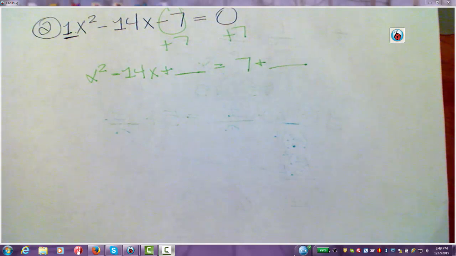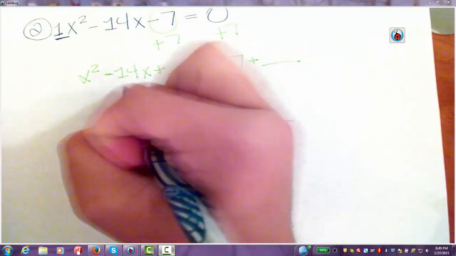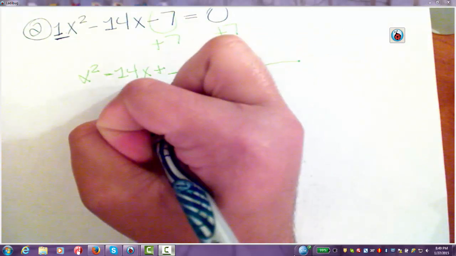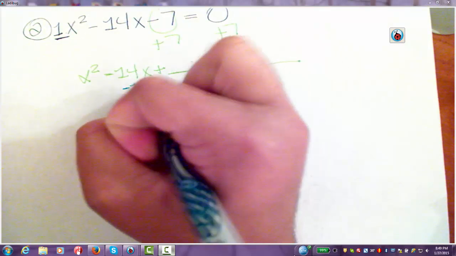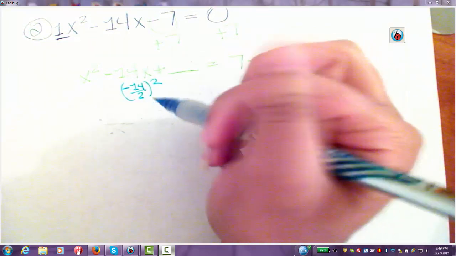Okay, so now, if you remember, what goes in the blanks, we take half of b, so half of negative 14 is negative 7, so negative 14 over 2, and we square it. So negative 14 over 2, so that is negative 7, and we square it.